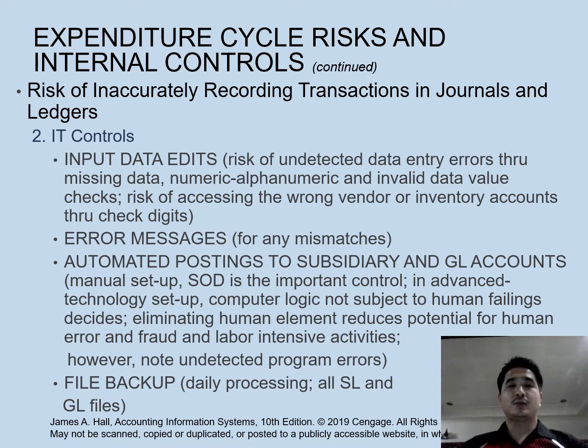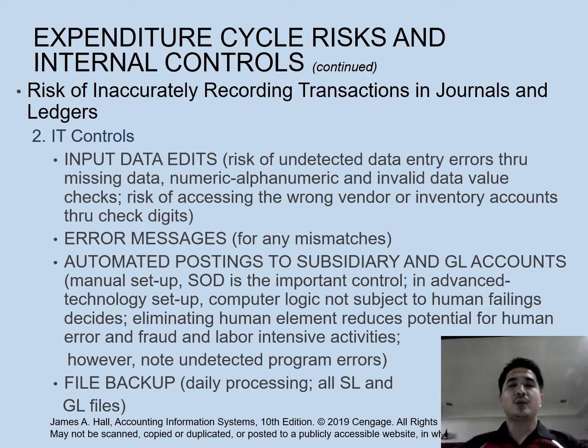And specifically, if you're pertaining to codes in your master file, like your vendor number or inventory account number, you can use check digits. We discussed that before, some of the digits and the modulus 11.